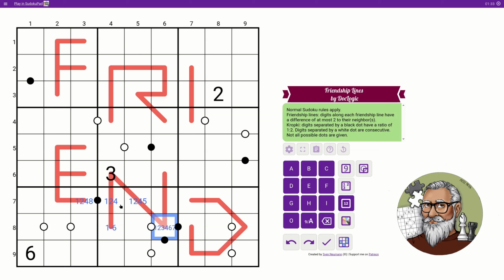Right, except it can't be 5 or 7 because of the black Kropki dot. 1, 2, 4, 8, 3, or 6. Well, this one can't be 1 though, because if this is 1, then we'd need 2 here and 2 there. That's not possible, right? There is that. Does that make any difference here? No. Or there? Not really.